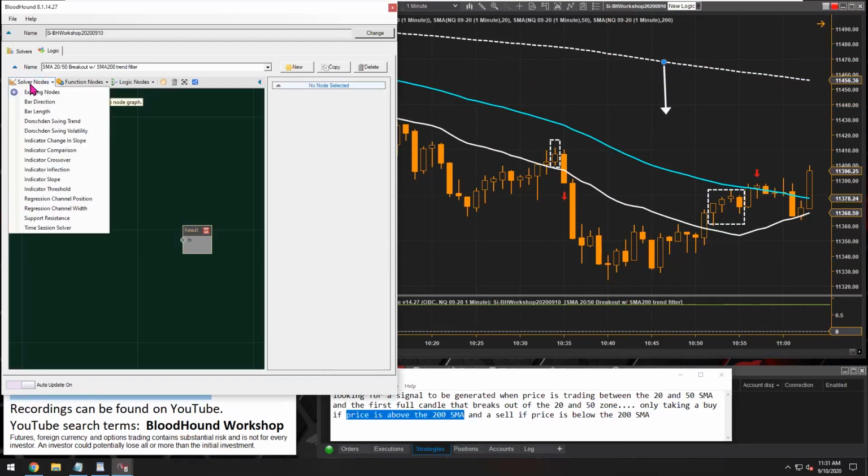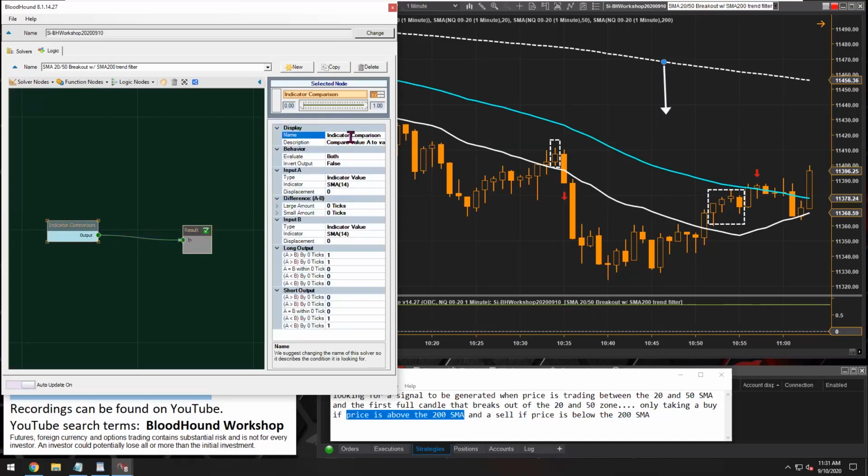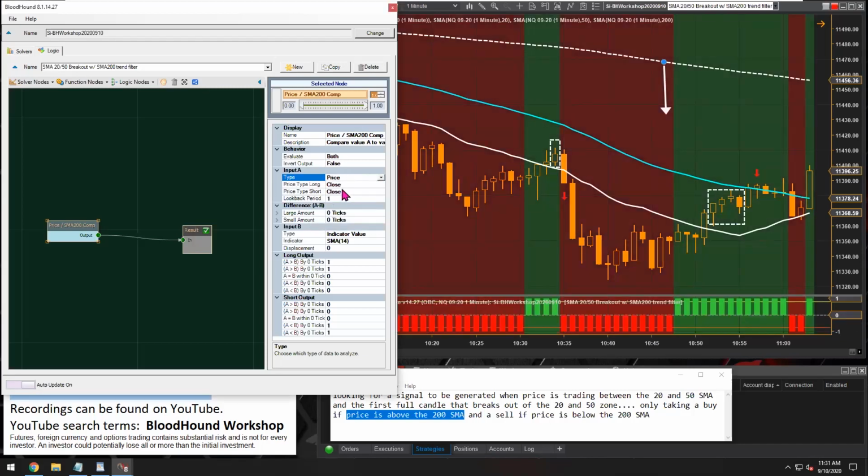All right, so we're going to use an indicator comparison to compare price to the SMA 200. Let's give this a name here. Our first input A is going to be price. Just in case, we'll use the bar high and the bar low. For a short trend, we want to make sure that the bar high is below our SMA 200.